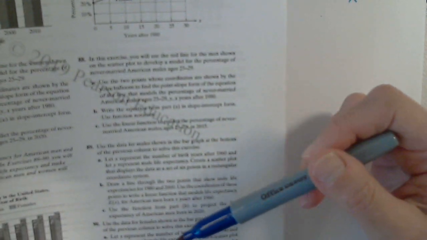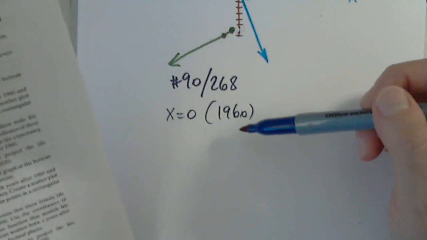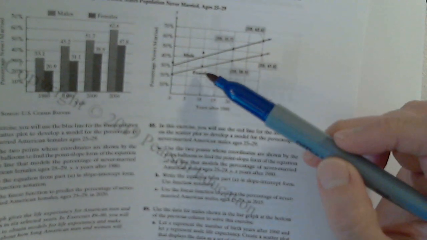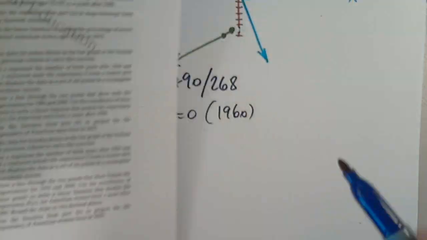So years after 1980, or we can use directly the data, because I don't see here exactly what they are saying. 1970 is 10 years after 1960. We can approximate. I don't think that the line graph is relevant, that's percentage of marriage, not life expectancy. Just the bar graph. Then we're going to use the bar graph. So 1970 and 2000.